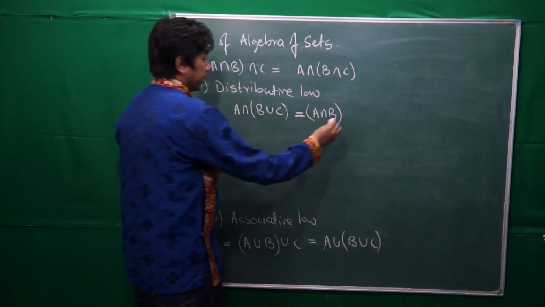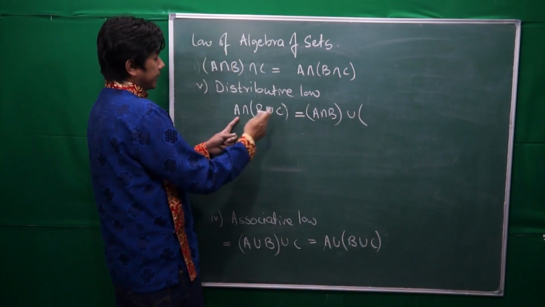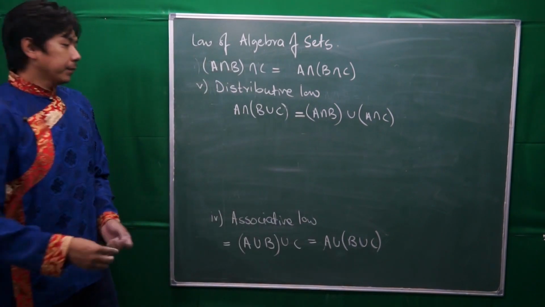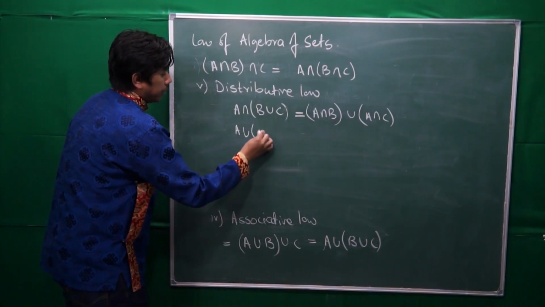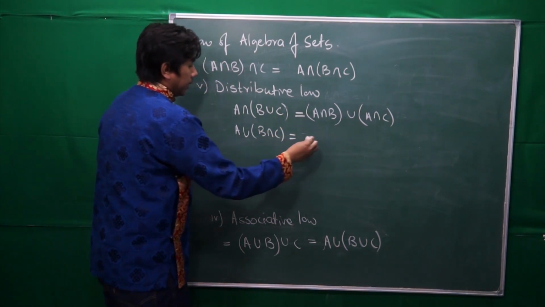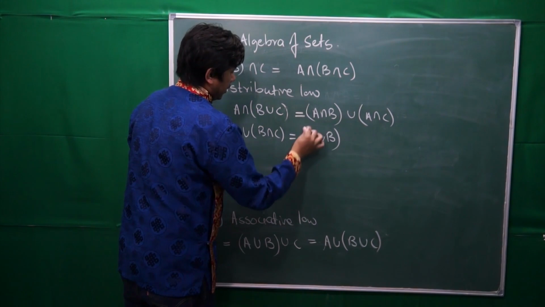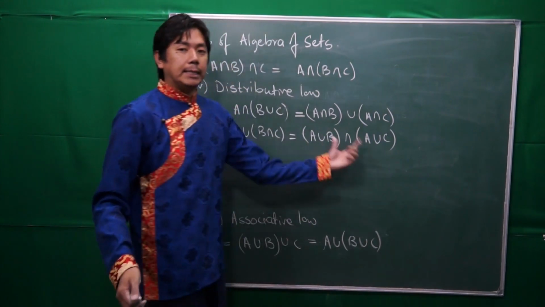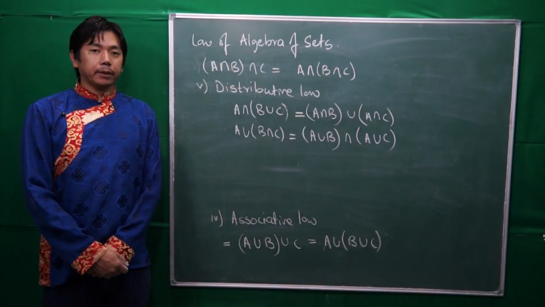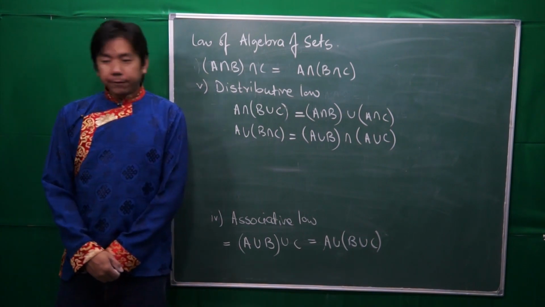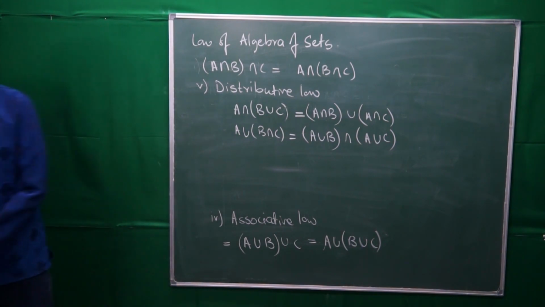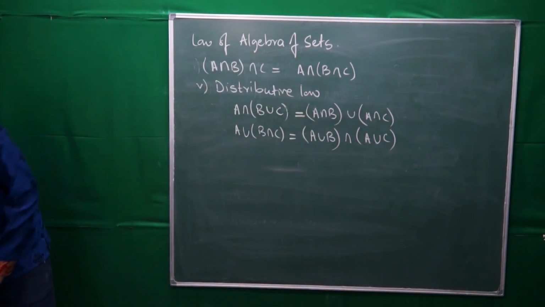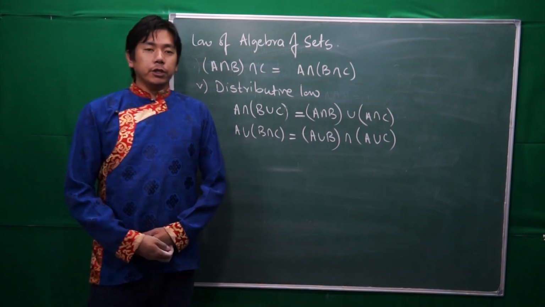What is in the center? Union, bracket A intersection C. Clear? Same thing happens with the union. A union B intersection C would be A union B, what is in the center, intersection A union C. Clear? Okay, so these are the 5 laws on the operations of sets.